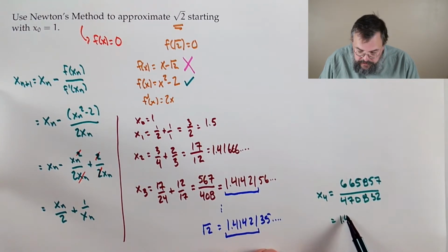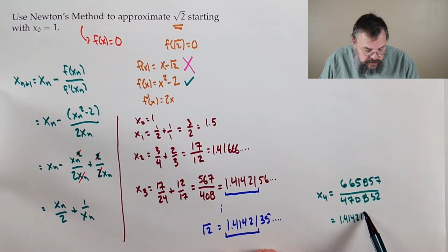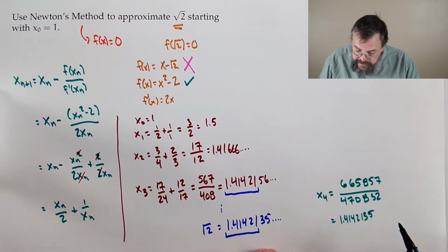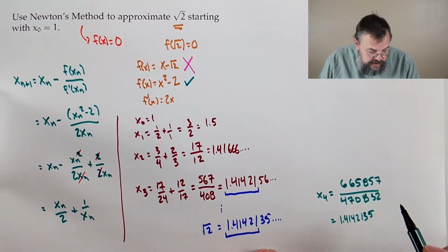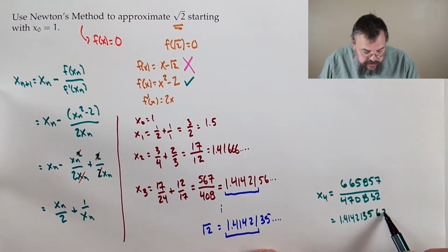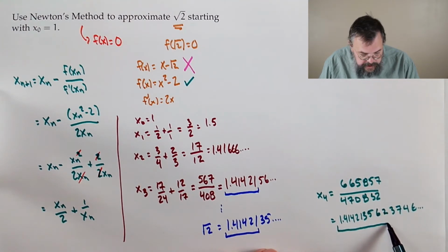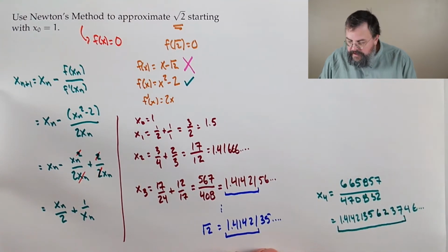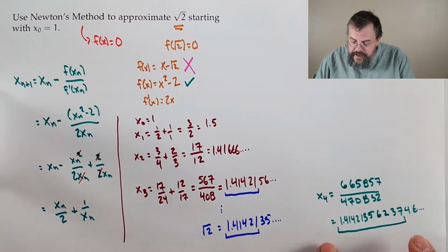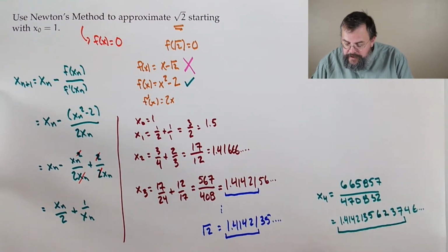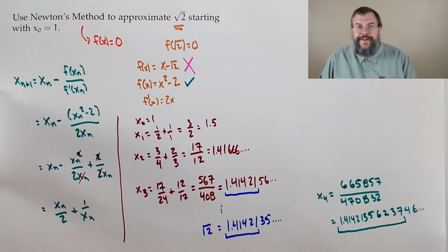Well, that's 1.414213.5. So far so good. In fact, it keeps going. 6, 2, 3, 7, 4, 6, and it is correct all the way up to the 7. That's how accurate it is. So in other words, it agrees with square root of 2 up through that many digits. All right.